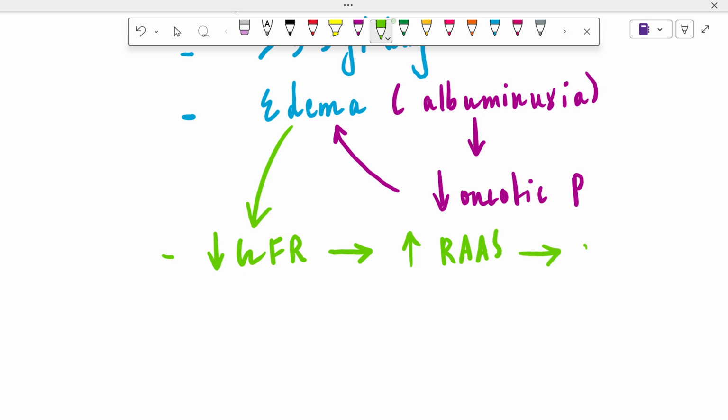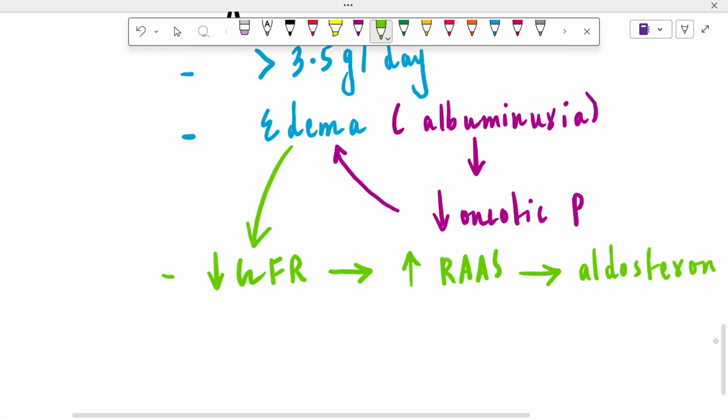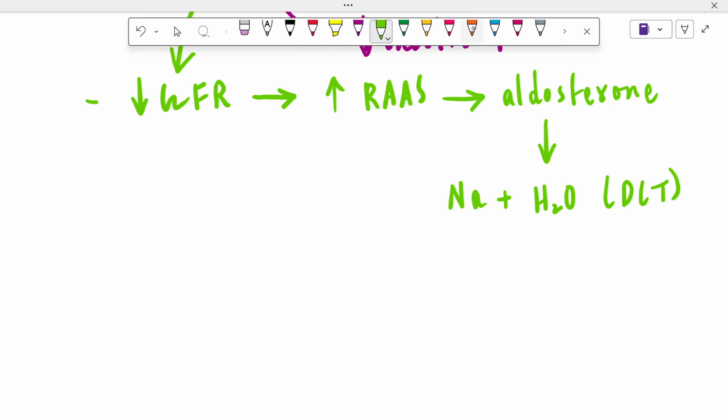This RAS will activate aldosterone, and aldosterone will cause increased sodium and water reabsorption in the DCT, the distal convoluted tubule. So it will eventually lead to hypertension, known as high renin hypertension. It leads to hypertension because water and sodium increase the blood volume.